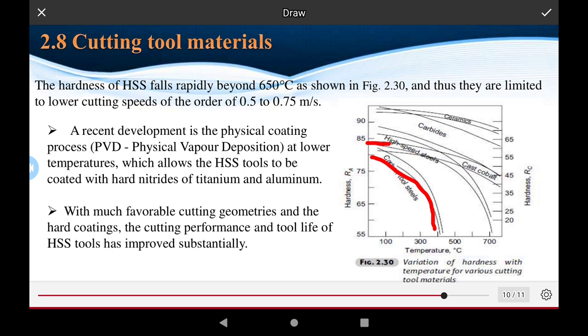The carbide has very high strength, and the temperature capability of carbide tools is also very high. The ceramic material is also used, being very strong. The temperature it can sustain is very high and the strength is also very high.